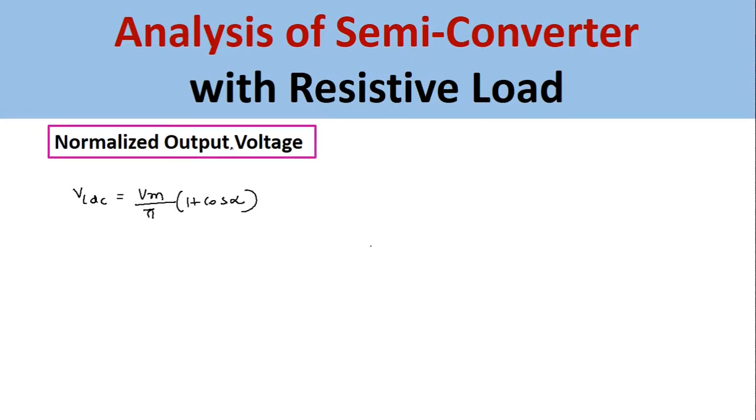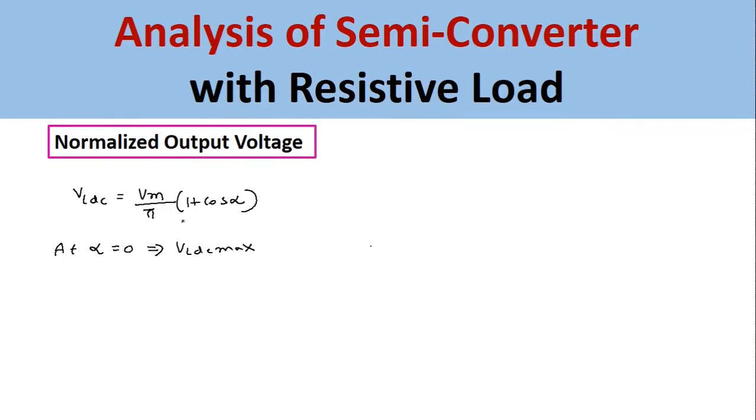Next we are going to find out the normalized output voltage. For this we have to take the equation of average output voltage, that is VLDC is equal to Vm upon pi 1 plus cos alpha. From this equation we have to find out the VLDC maximum. So at alpha is equal to 0, we have VLDC maximum. That means the average output voltage will be maximum at alpha is equal to 0.